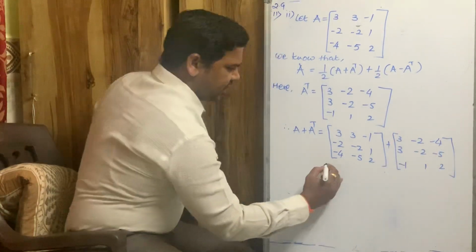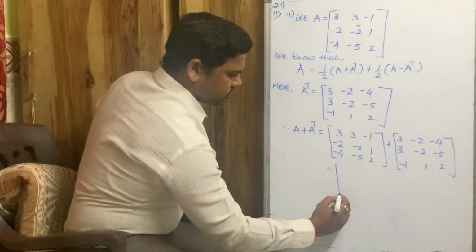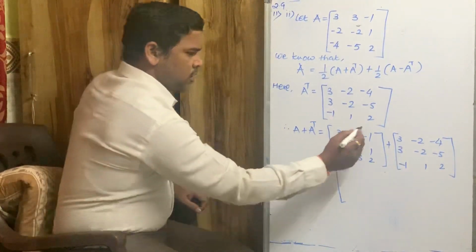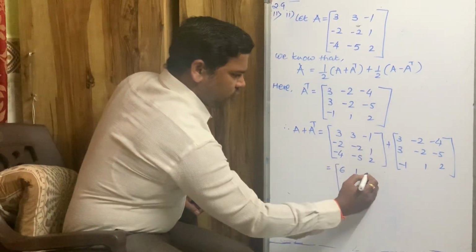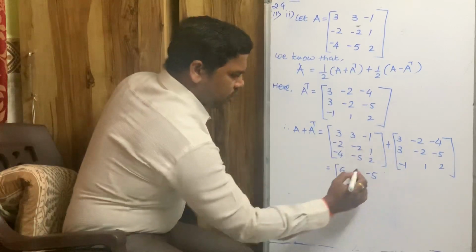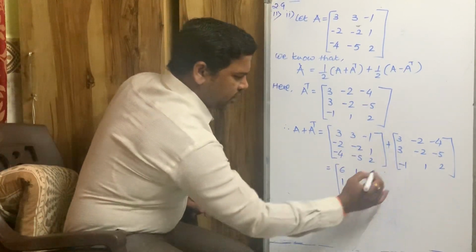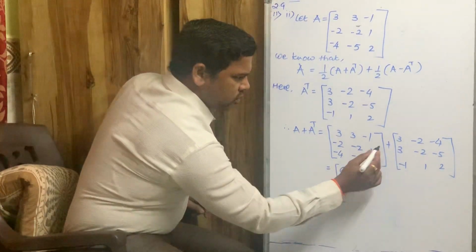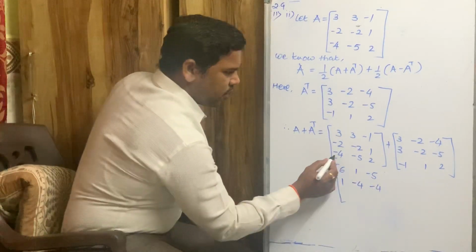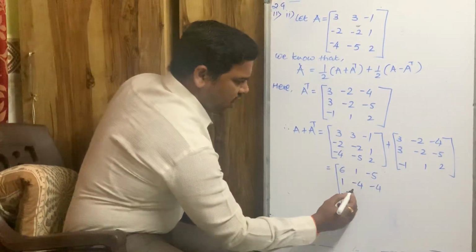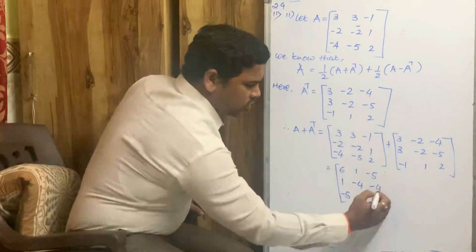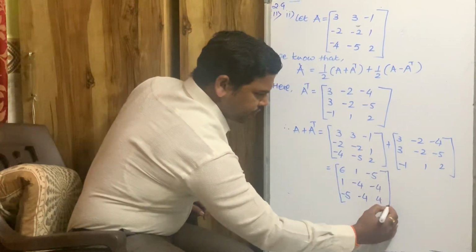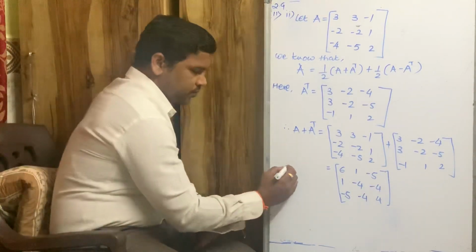Now just add them. What you will get? 3 plus 3 is 6, 3 minus 2 is 1, minus 1 minus 4 is minus 5, minus 2 plus 3 is 1, minus 2 minus 2 is minus 4, 1 minus 5 is minus 4, minus 4 minus 1 is minus 5, minus 5 plus 1 is minus 4, 2 plus 2 is 4. This is A plus A transpose.